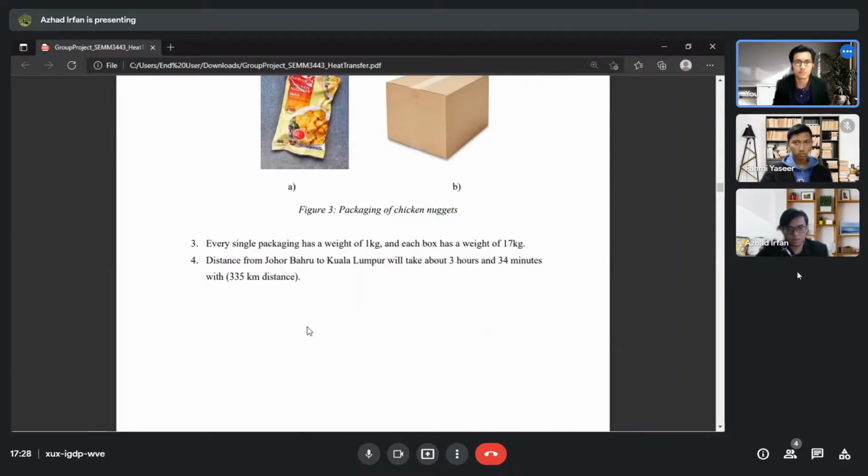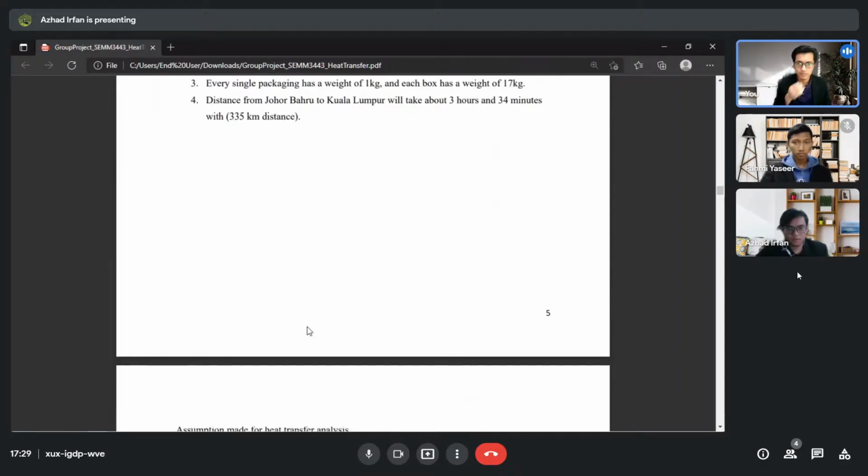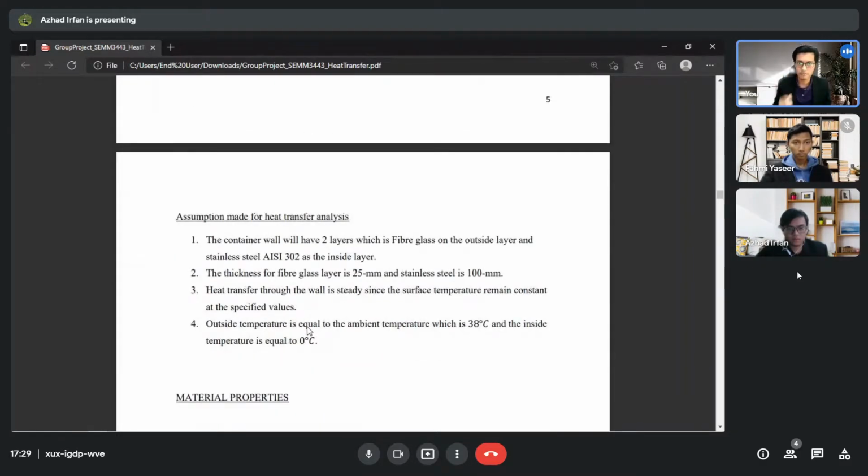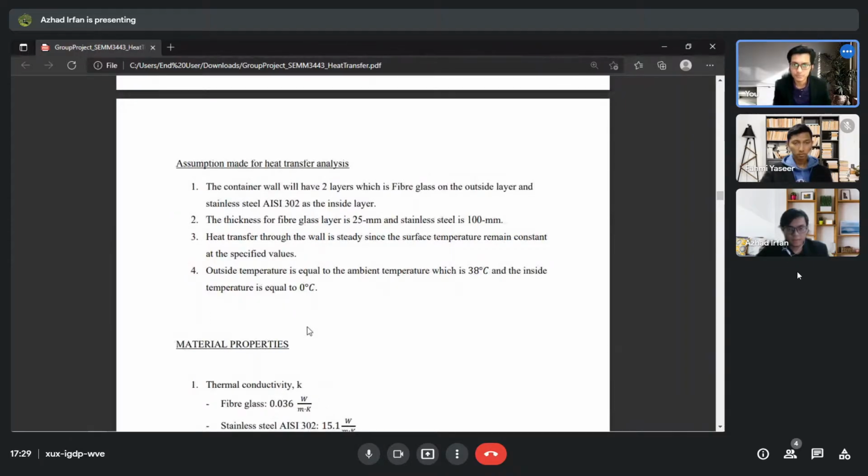The second part is the assumptions for heat transfer analysis. The container wall will have two layers, which are fiberglass on the outside layer and stainless steel AISI 302 on the inside layer. The thickness of fiberglass is 25 millimeters and stainless steel is 100 millimeters.